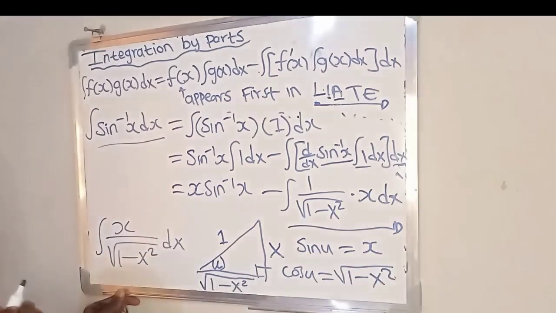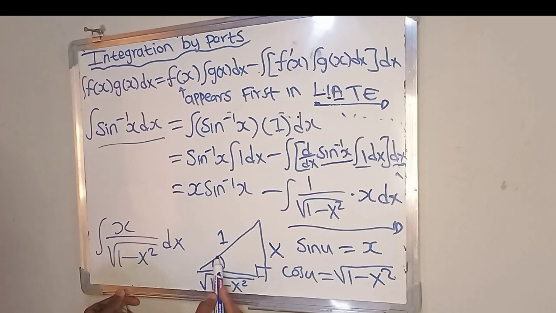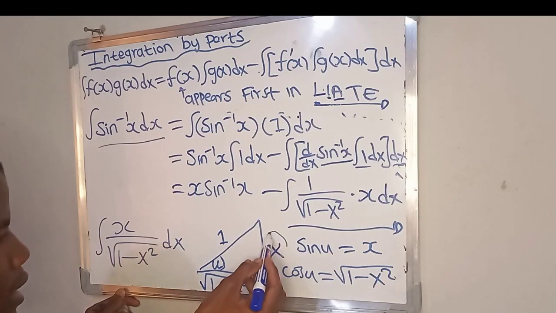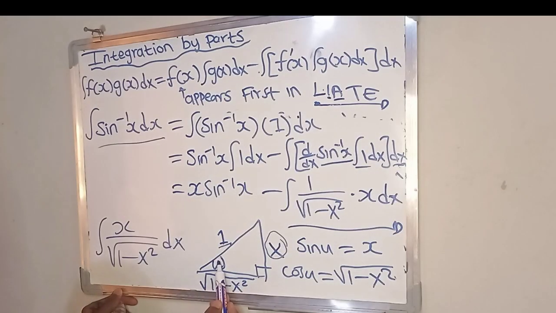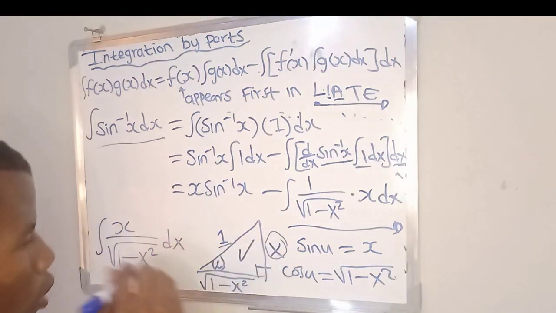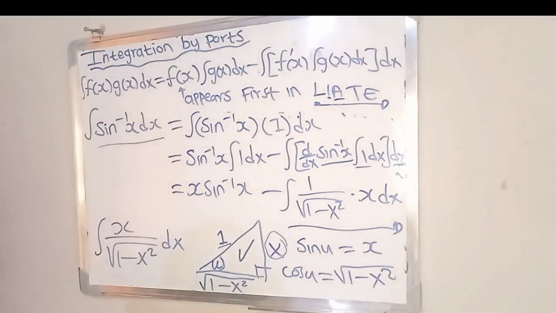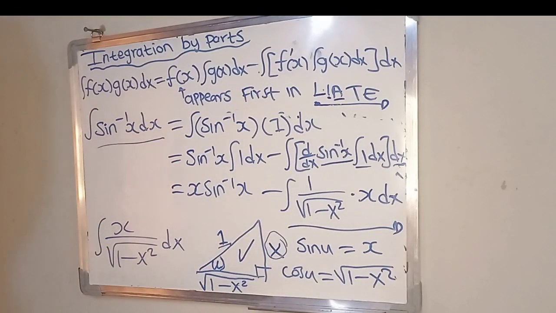Why is this the case? The sine of an angle is the opposite side over the hypotenuse. And the cos of an angle is the adjacent side over the hypotenuse. Please take note of this. I will need it to apply the trigonometric substitution.